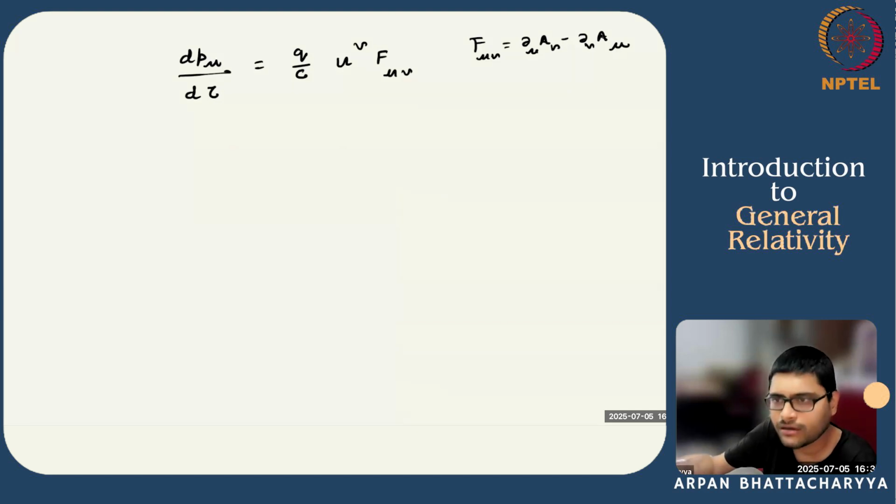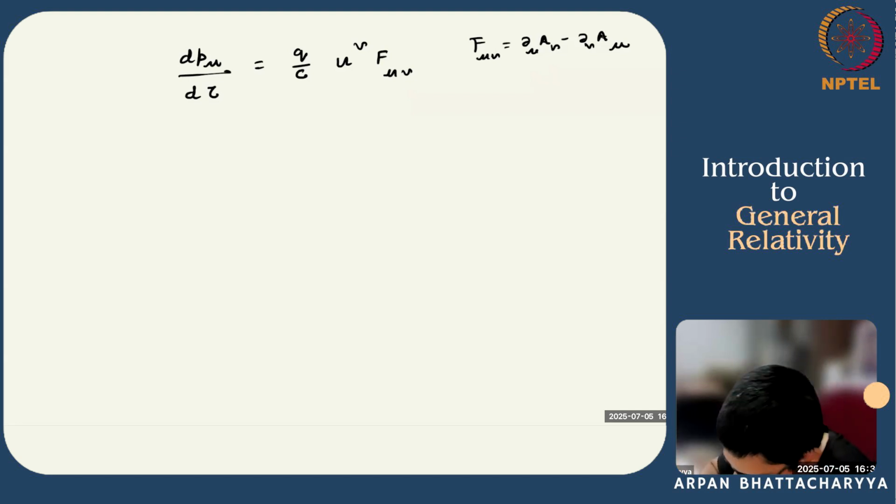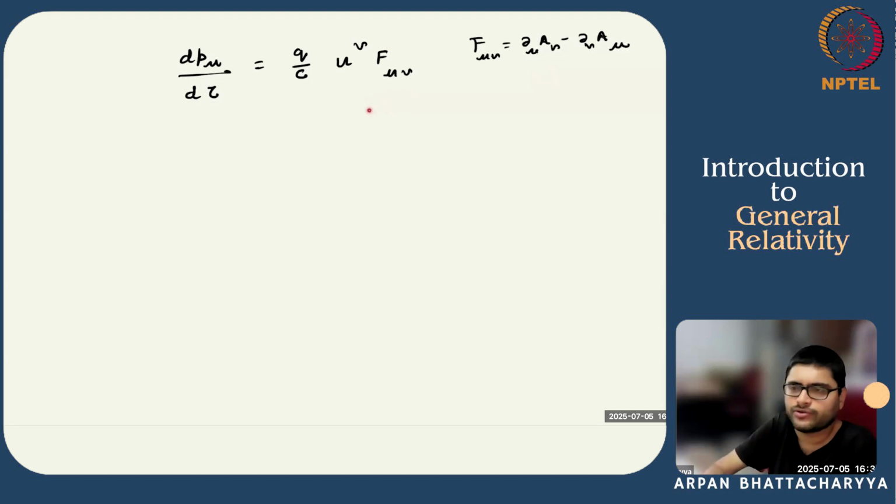If nu is again i, then it will automatically be 0 because of the antisymmetry. And you will effectively get u nu contracted with del i A nu, and then it will reduce to the corresponding Newton's second law for this point charge in the non-relativistic limit. Also, this equation is the correct equation in the sense that it remains invariant under gauge transformation, because F mu nu remains invariant under gauge transformation.